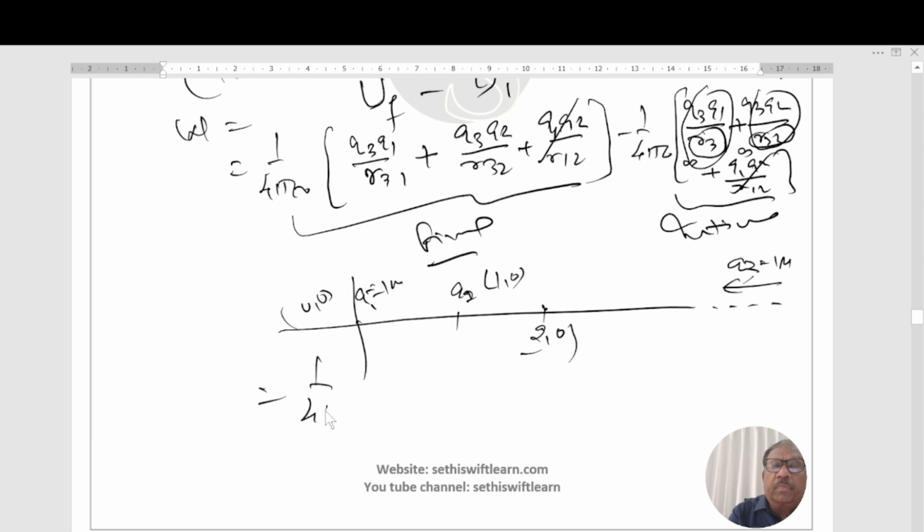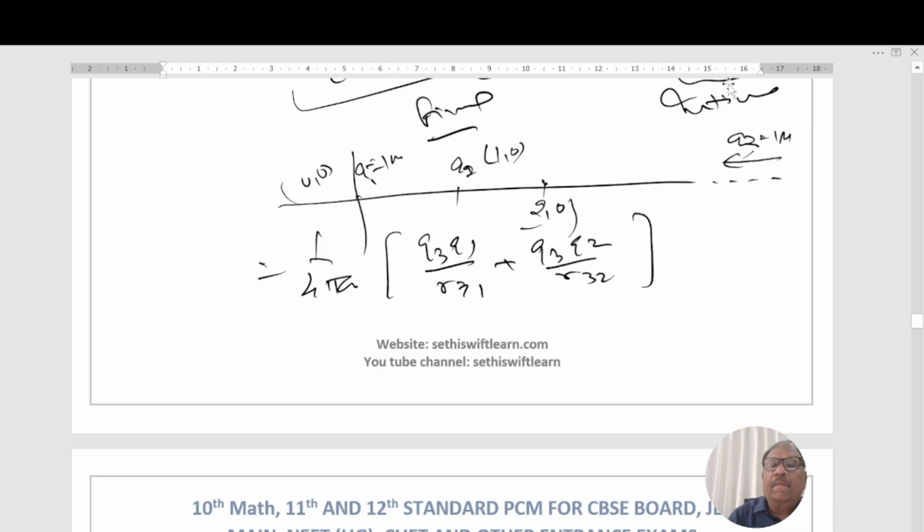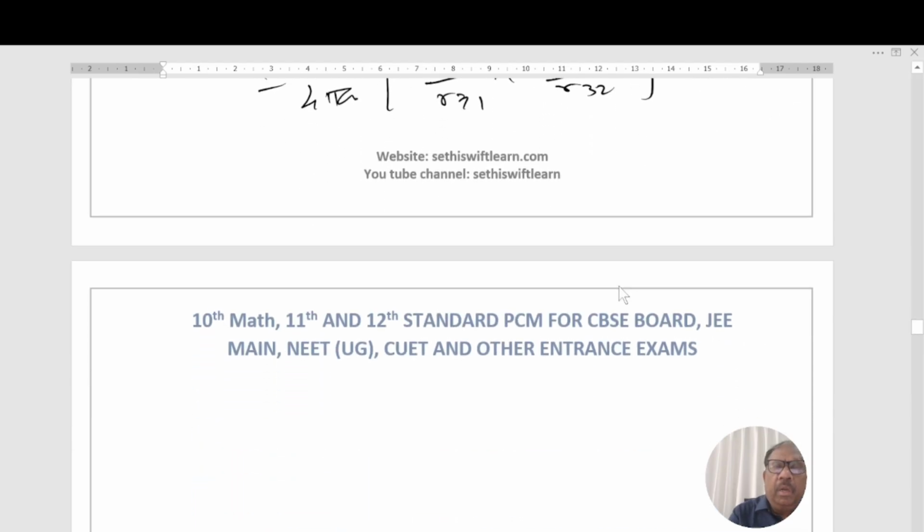So balance is 1 over 4 pi epsilon naught, Q3 Q1 upon R31 plus Q3 Q2 upon R32. Substituting values, 9 into 10 to the power 9 into 10 to the power minus 6 into 10 to the power minus 6.